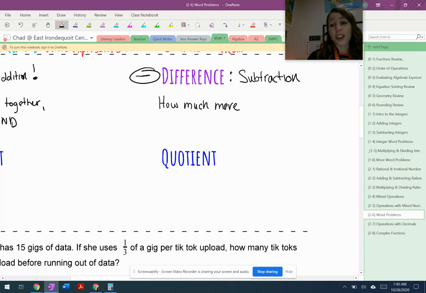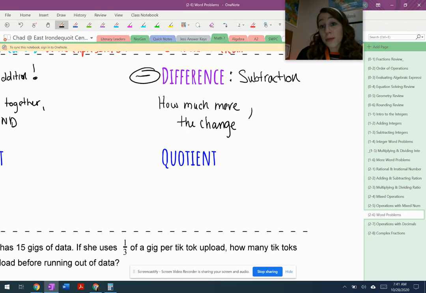If I have $10 and Jody has $20, how much more does Jody have compared to me? 20 minus 10 is 10. How much more? If they ask you for the change back from paying, the change, or even just the change in any two things, when you're finding how something changed, that's using subtraction there.